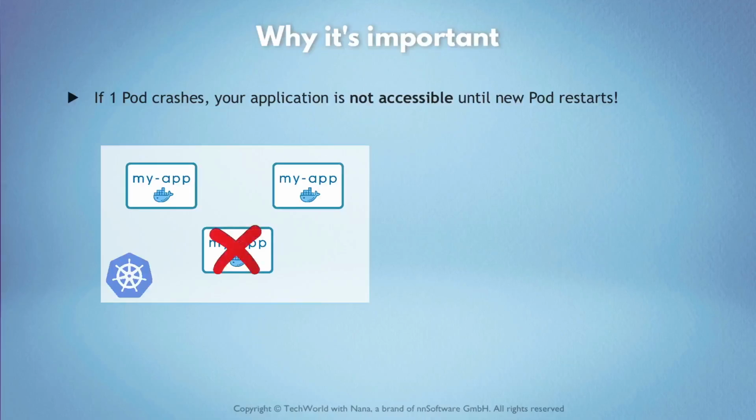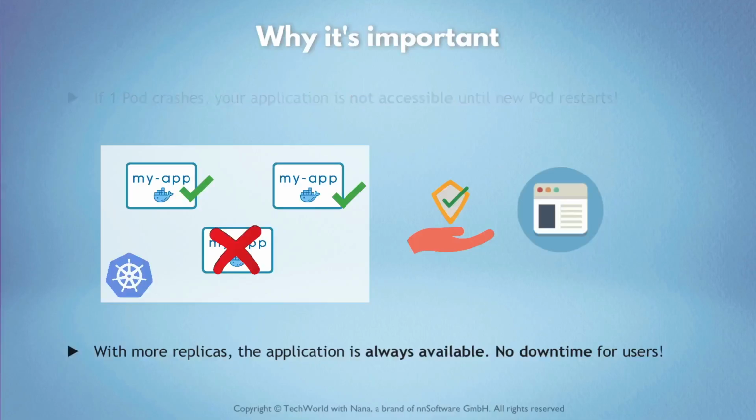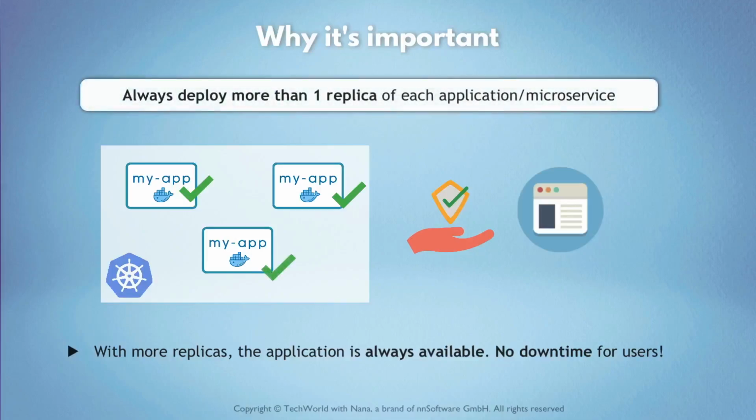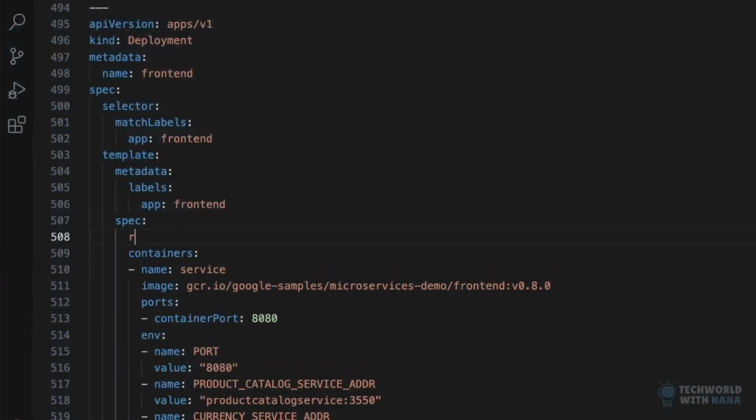that even if one of the replicas dies, the application will always remain available to other microservices or to the external requests. And we can very easily avoid that in Kubernetes by just always deploying more than one replica of any application. So as I said, by default, the replicas is 1.